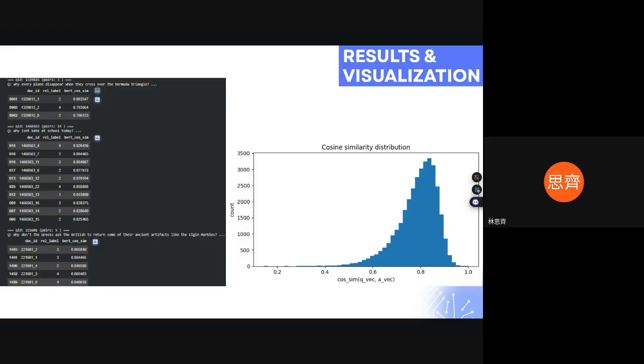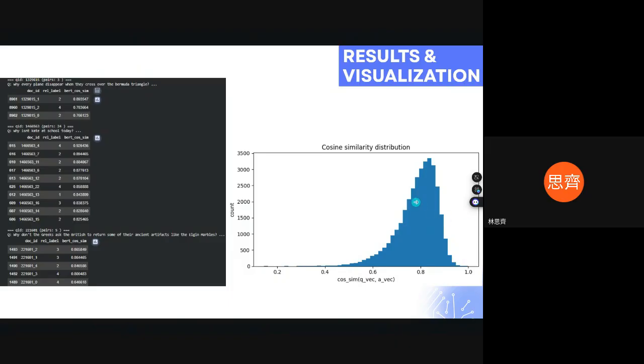This page shows the analysis of the BERT cosine similarity features. On the left, we display several example queries where candidate answers are ranked by cosine similarity between question and answer embeddings. We can see that more relevant answers generally have higher cosine similarity, but the highest relevance answer is not always ranked first.